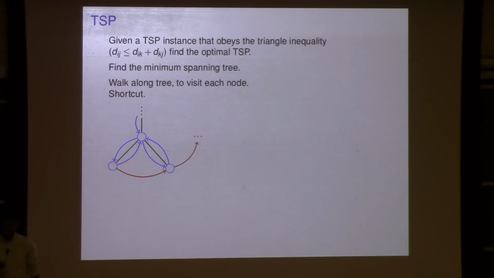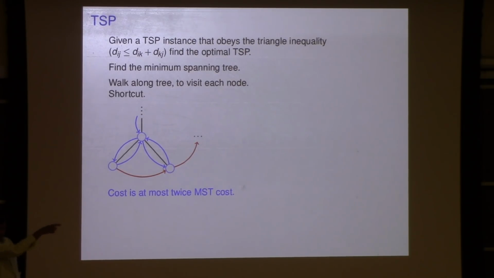Okay? So this is an approximation algorithm. It's guaranteed no matter what TSP instance you give me, as long as it obeys the triangle inequality. All you do is you make a minimum spanning tree, you write down some tree traversal of it, and you splice out the repeats using this shortcut.